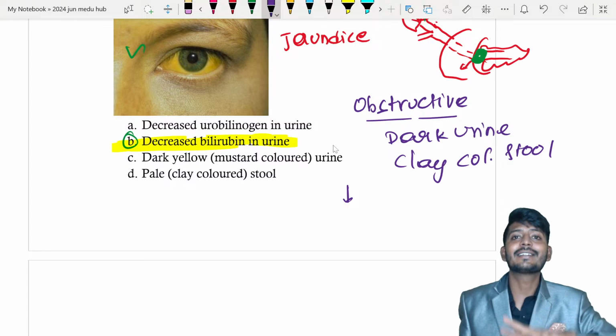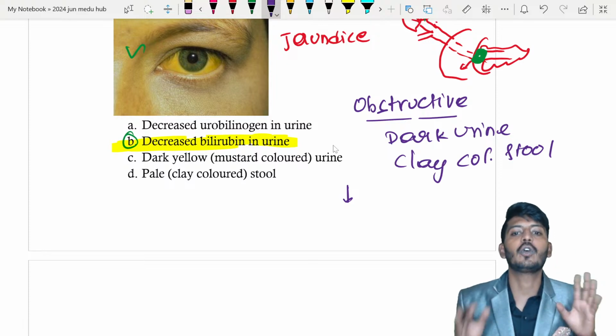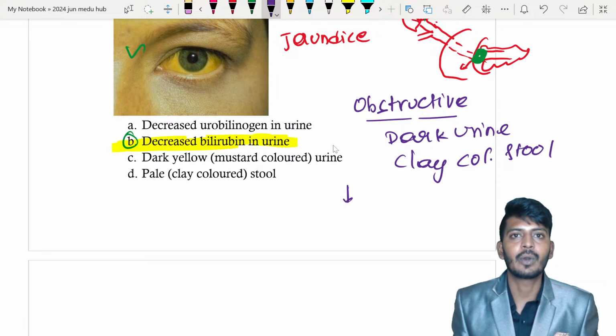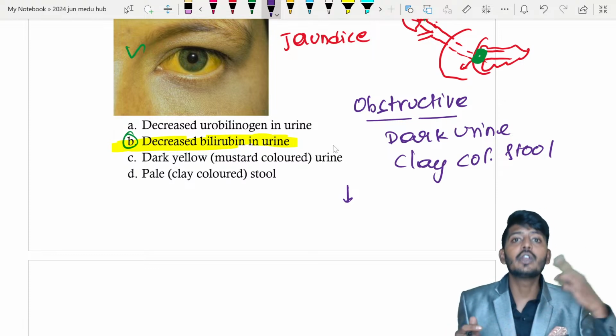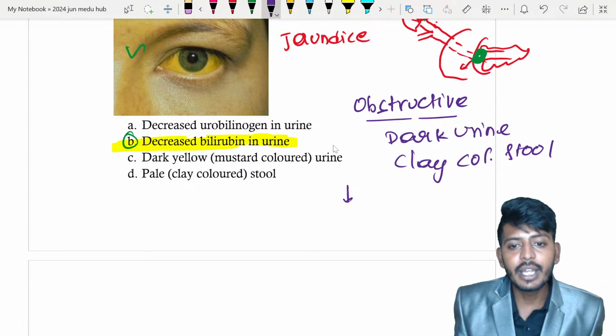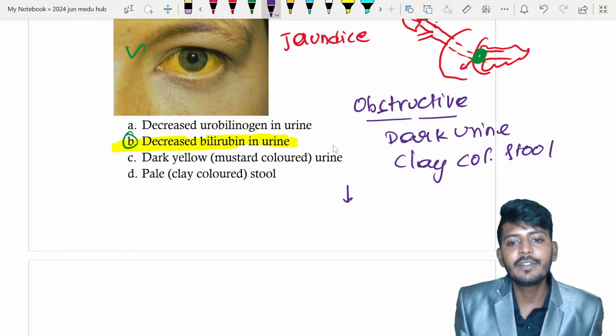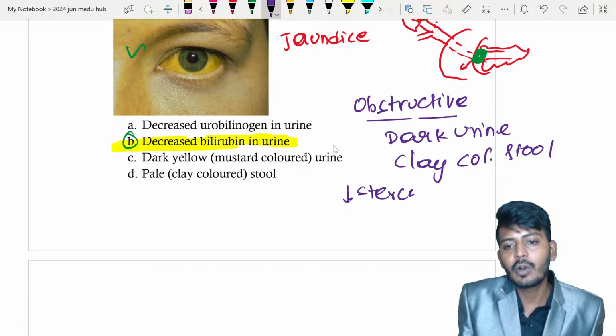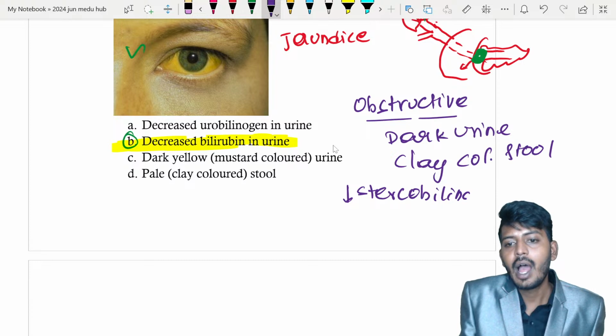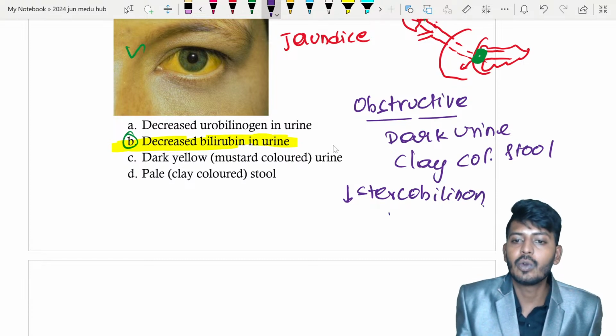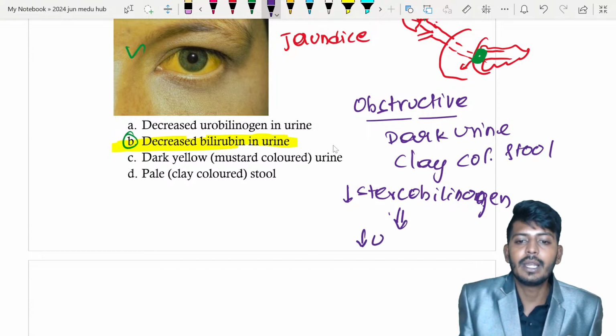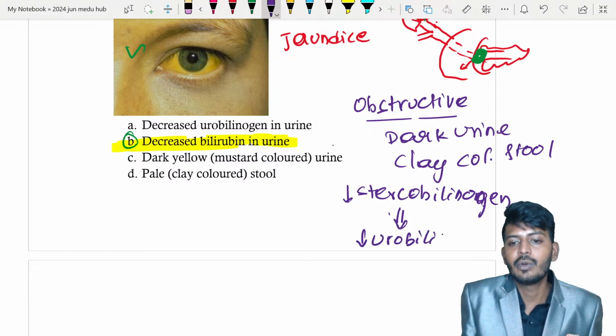Means if the intestine gets bilirubin, only then stercobilin will be there, and only then urobilinogen will be there. So if stercobilinogen is reduced, automatically that will lead to reduction of urobilinogen.